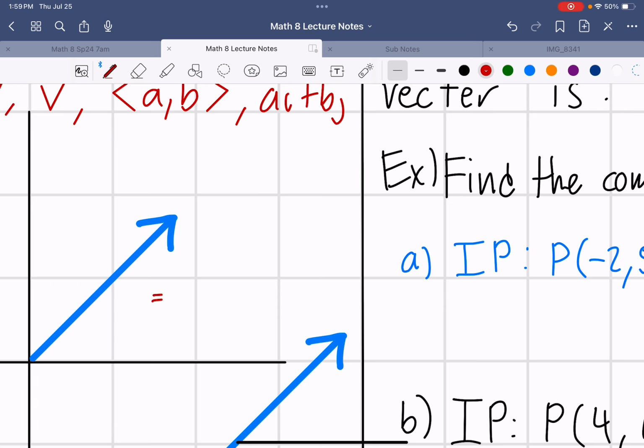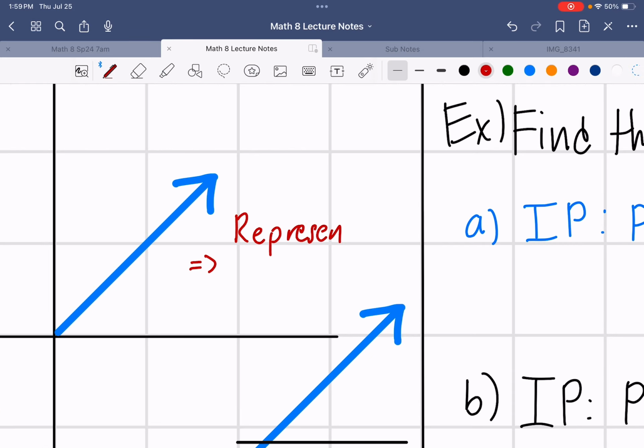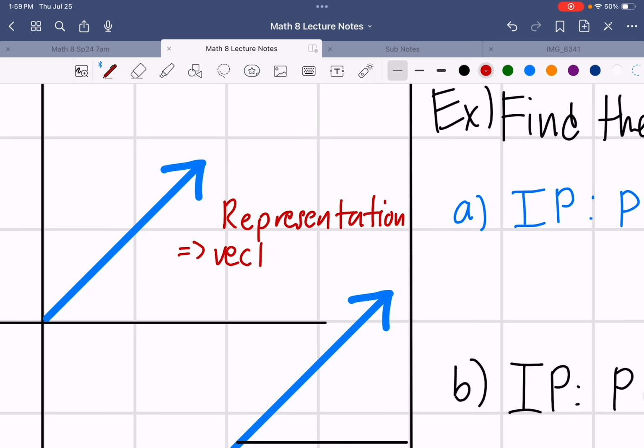So this is known as the representation vector. And what makes it the representation vector? It's solely because of the initial point, and I'll talk about what that means.